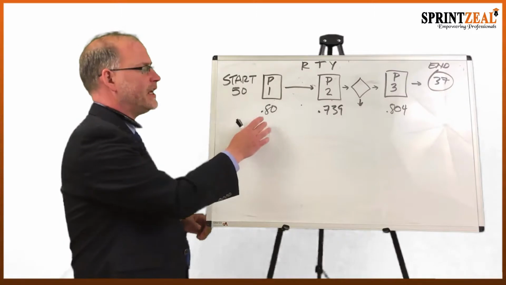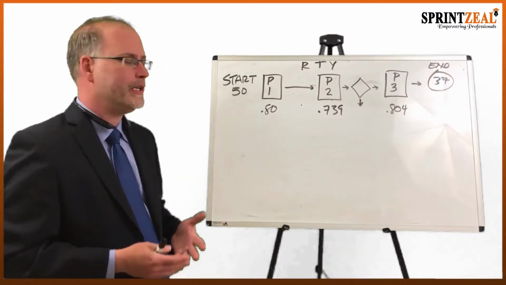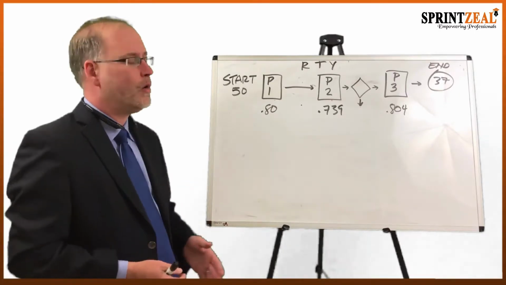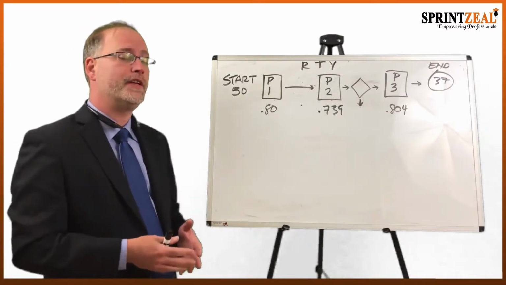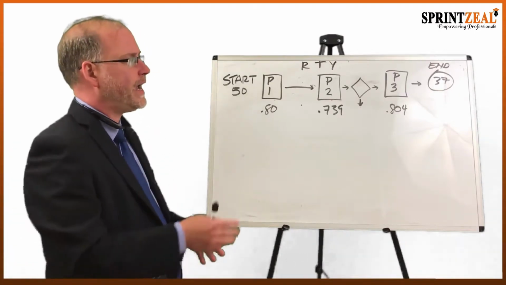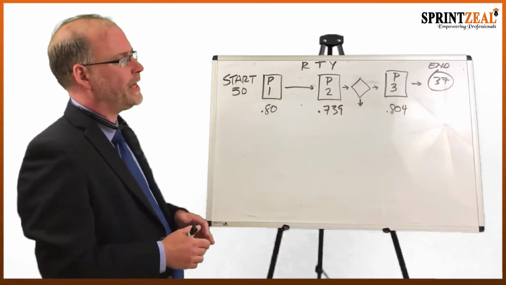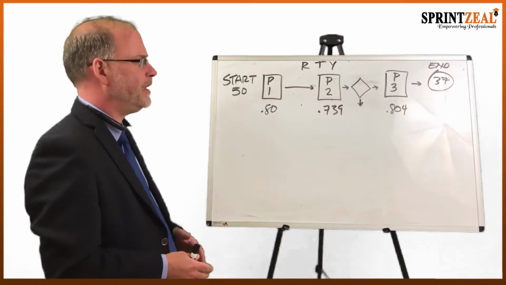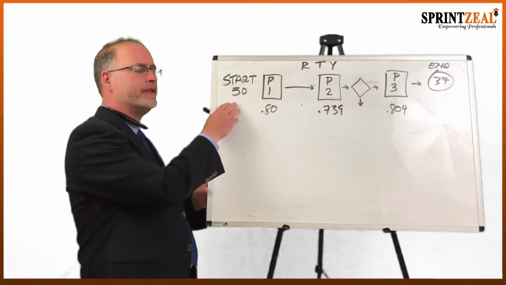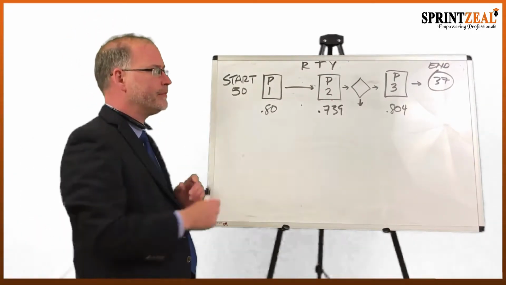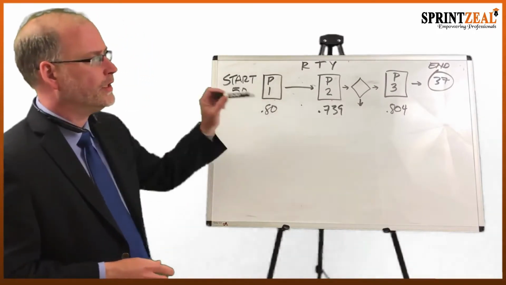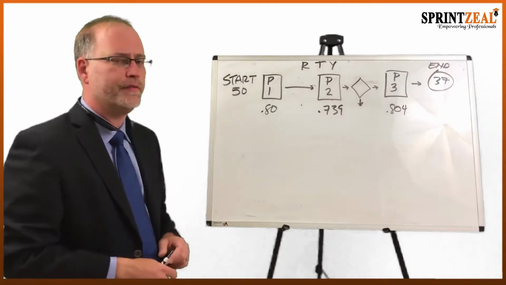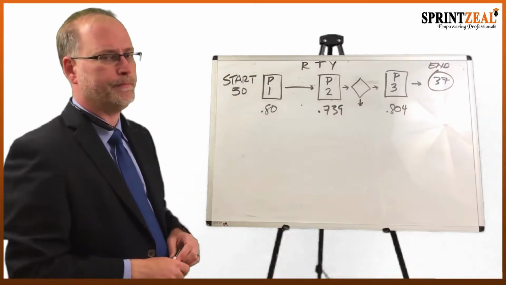So in process step 1, we had a throughput yield of 80%. In process step 2, we had a throughput yield of 73.9%. And in process step 3, we had a throughput yield of 80.4%. So that means that we started with 50 pieces that went into process step 1, and only 37 of those 50 pieces came out of the process successfully.